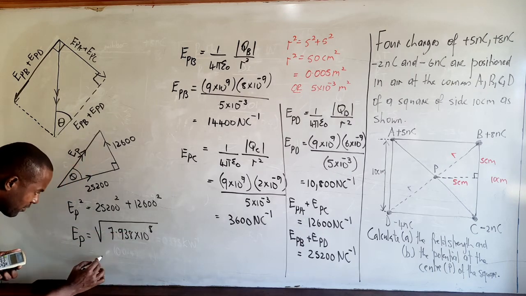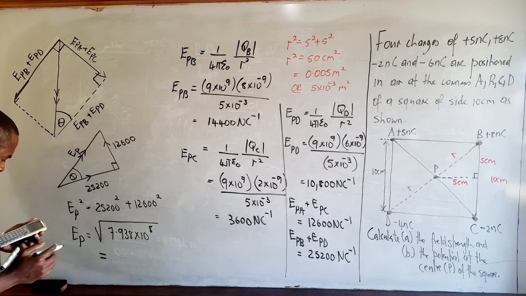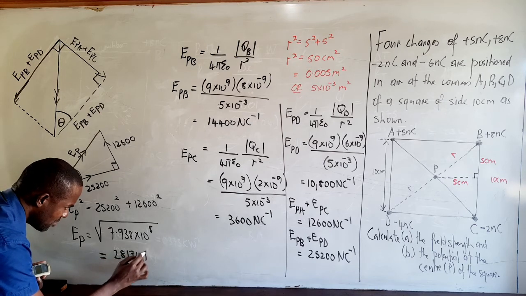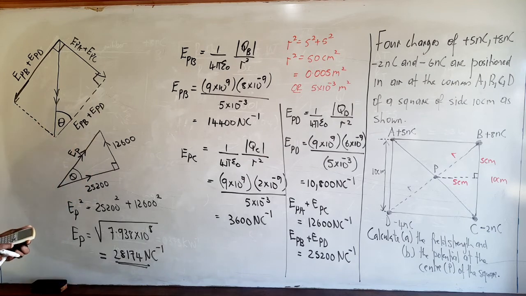Right? And therefore this gives us, so square root, second function, square root, answer equal. So this gives us approximately 28,174 newtons per coulomb. So the resultant field strength is 28,174 newtons per coulomb. That is the magnitude of the field strength.